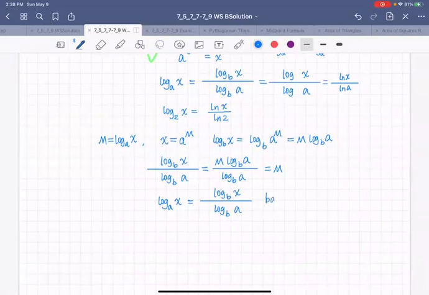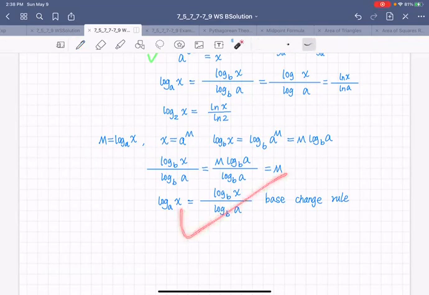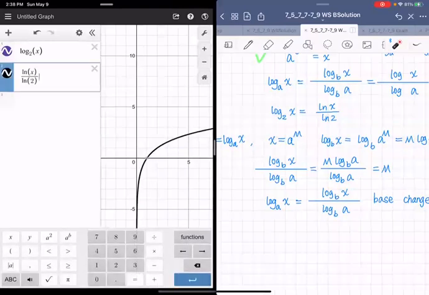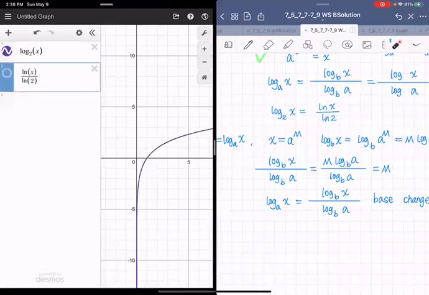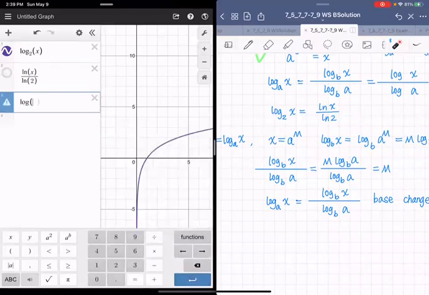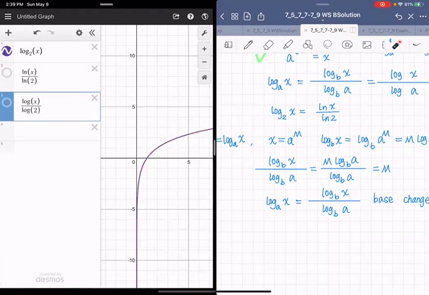This is called the base change rule. This is a critically important formula that you have to master. And you already noticed that, you see here, these two graphs are identical. If you do the other one, if you do the log base 10, this divided by log base 10, and then you do a 2 here, watch out, they are identical.